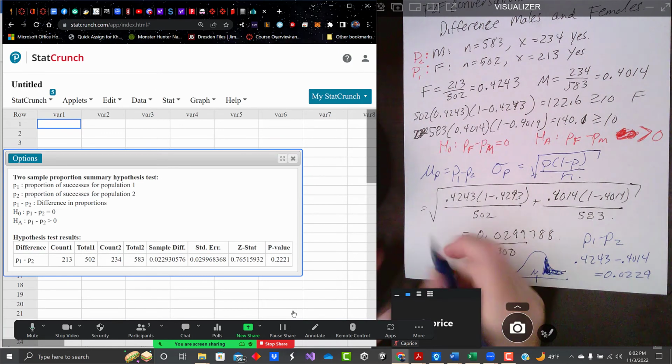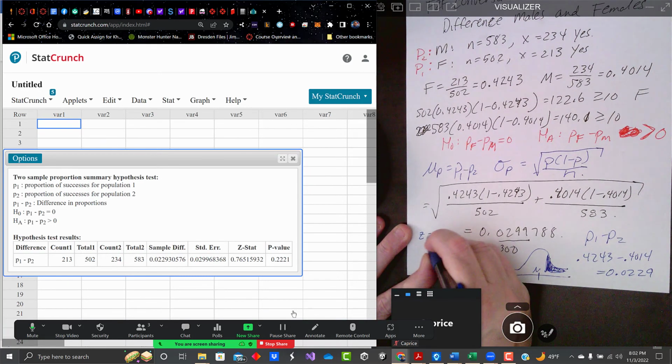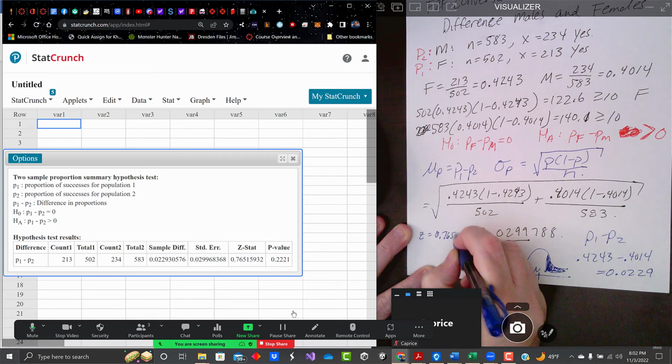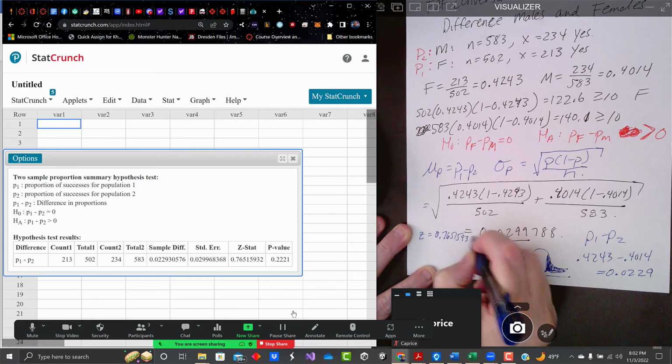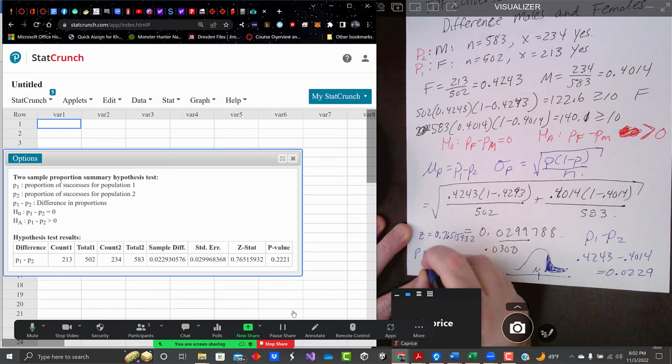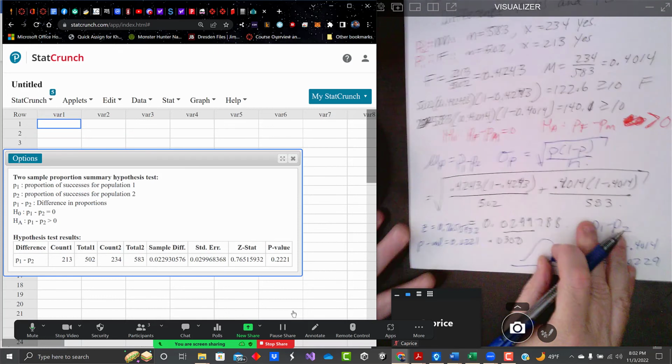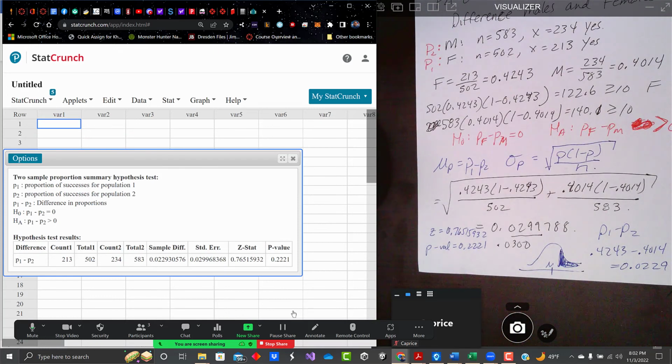I have no idea what they were asking here, so I'm going to write down what I got. The Z-stat is 0.765 and my p-value is 0.2221. They're asking for one of those two things. I don't know which one. Let me go look.